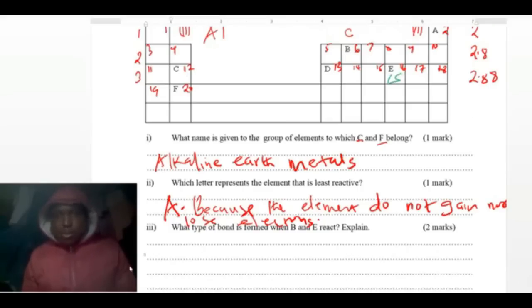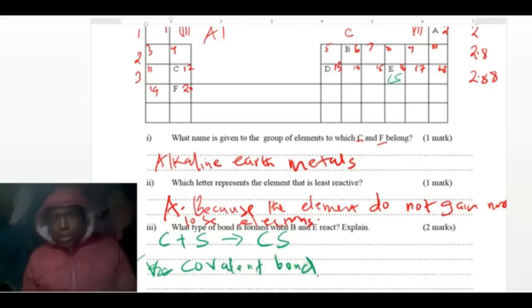So it is a reaction between carbon and sulfur. Both of them are non-metals, so it's going to form CS. So what bond is between them? Both of them are non-metals, therefore they are going to form covalent bonds.